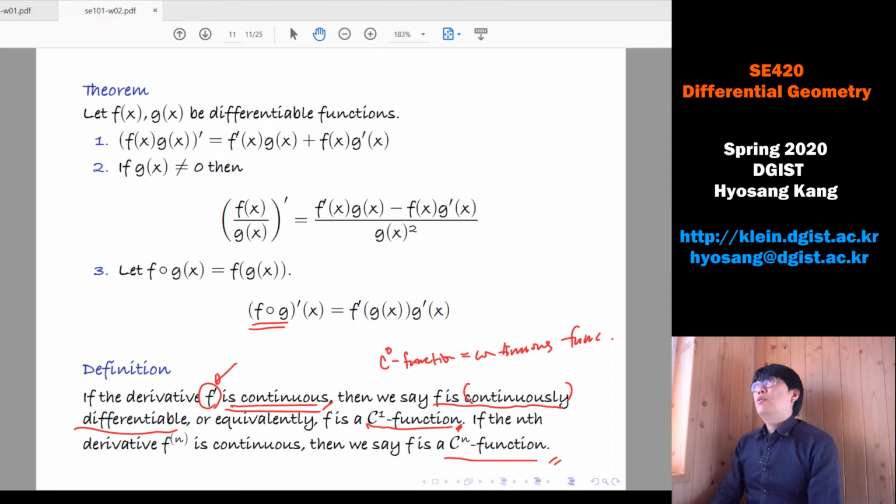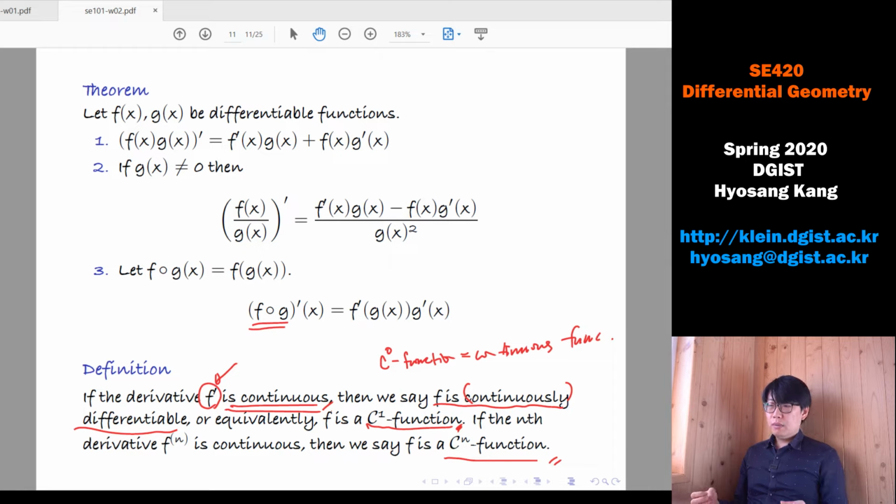So basically, if you want to solve a second order differential equation, you're finding a function which is C2. The differential equation contains the second order derivative of the function, and this equation is defined continuously on the values of x. So you have to have the second order derivative as a continuous function.